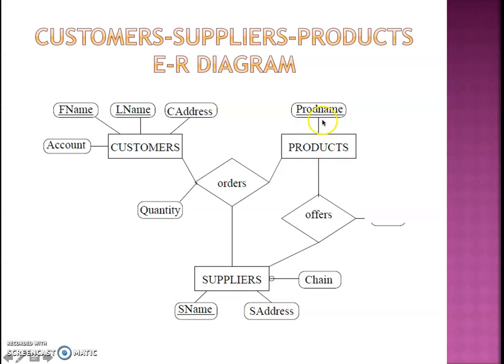Similarly, product has product name as the primary key, and supplier has these three attributes with S name as a primary key. Now, this supplier is related to product by offer. Supplier offers product and customer orders this product. In this way, all the things are combined into one ER model.